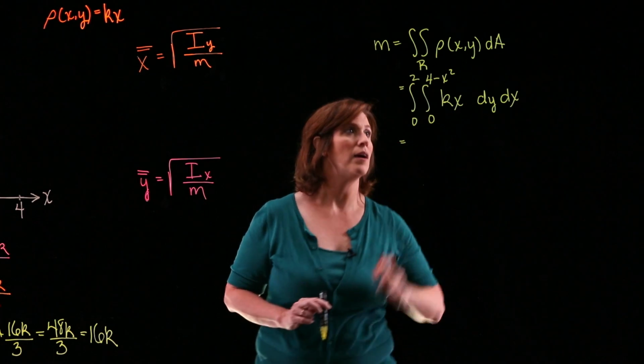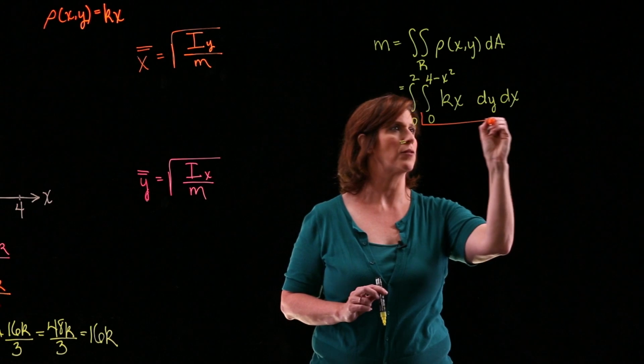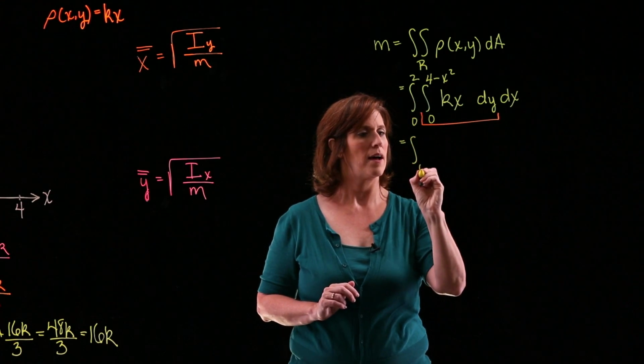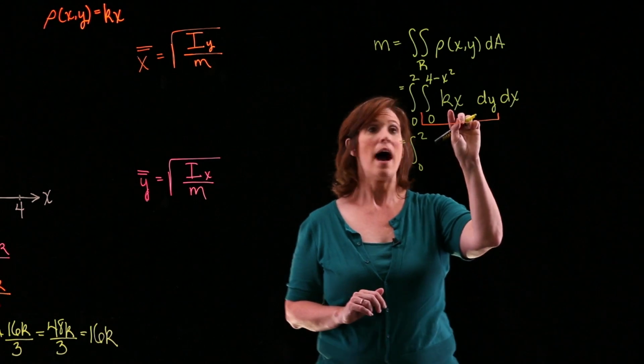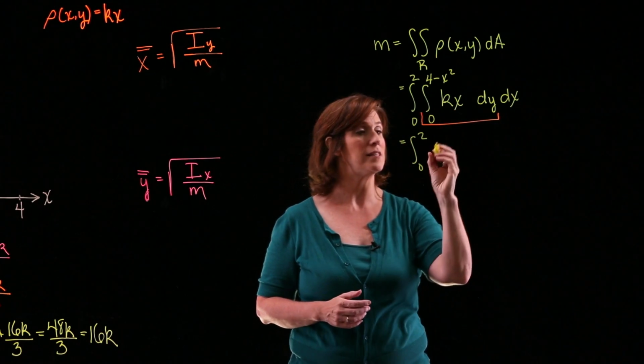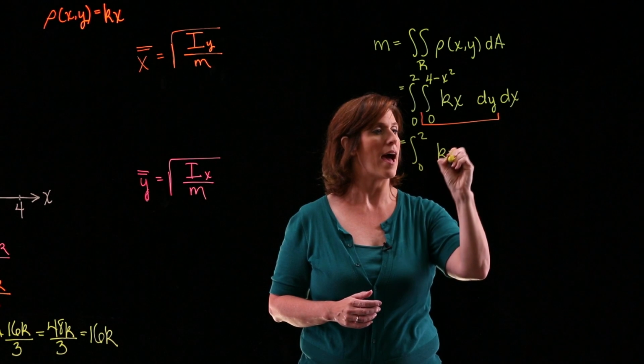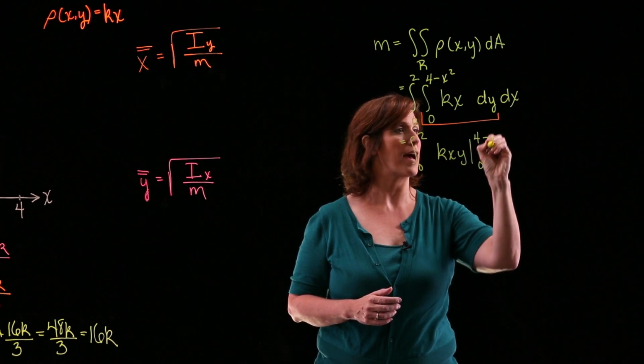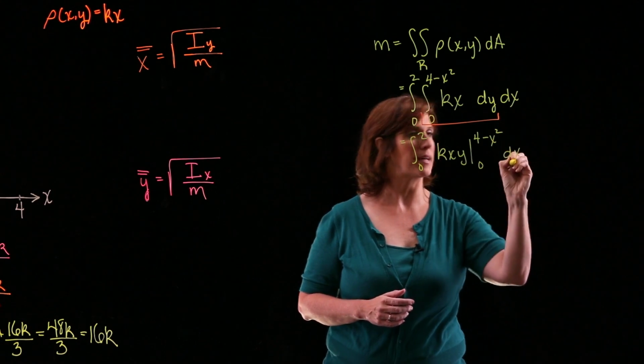Okay, working with the inside integral to begin with. I'll be treating x as if it's a constant, so this will be kxy evaluated from 0 to 4 minus x squared dx.